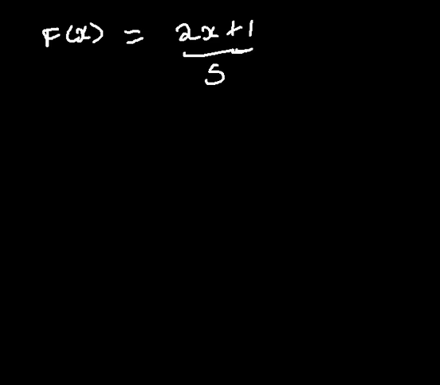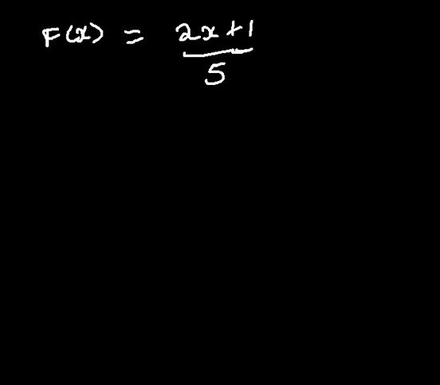This is a typical linear function because on the denominator we have the constant number 5, and the numerator only has a variable. Hence, this is a linear function, despite that we have it as a fraction.